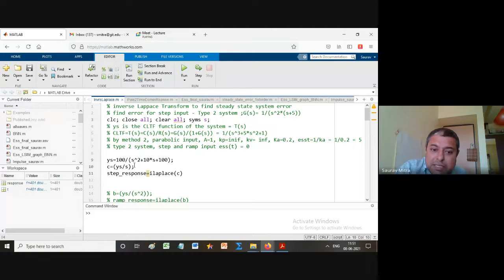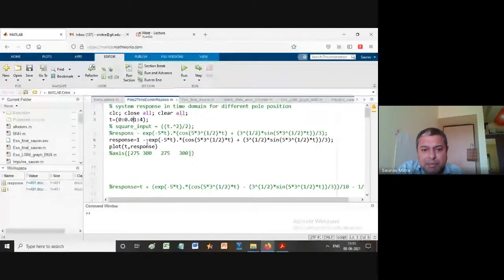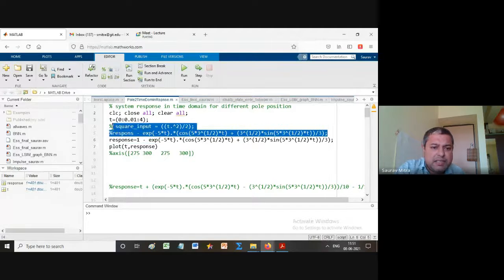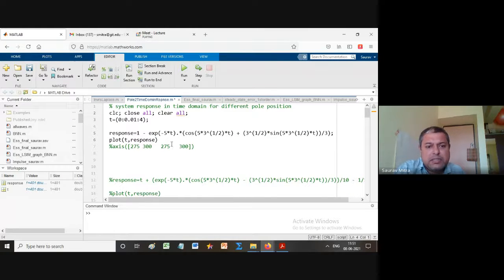That means there come three roots of the whole thing. So 100 divided by this, and then we are finding there are three terms that will come in the response C(t). Okay, so that response we have found out, and that response we have plugged in here. Previously also I had done it, so that's why all these things are here. So let us not check this.